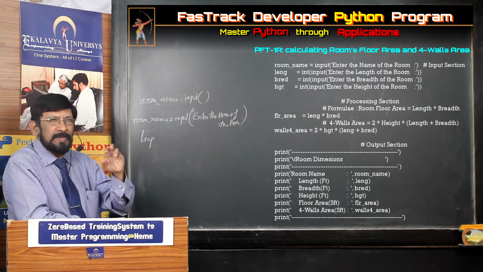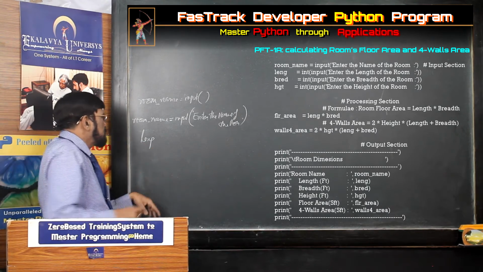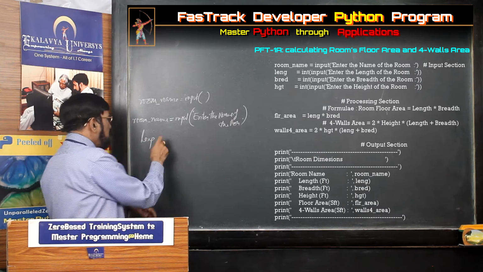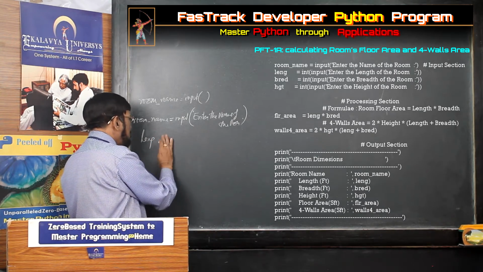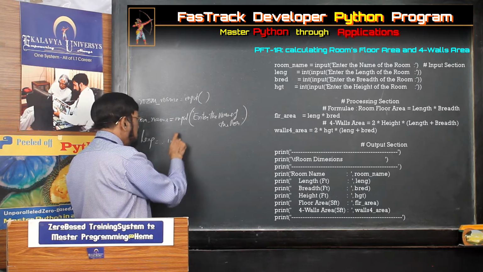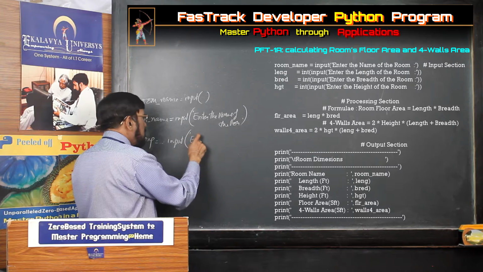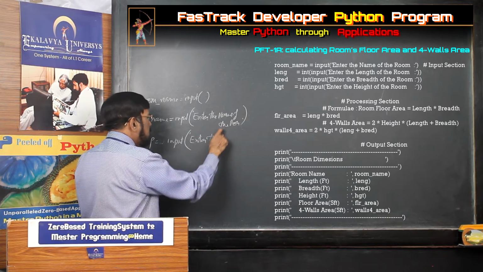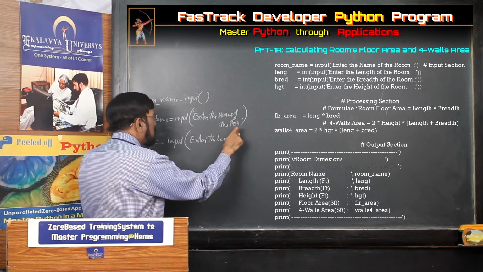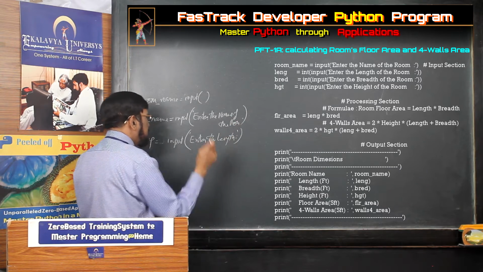This is the way of using short names. Now you write in the same manner: input, and what you write? Enter the length of the room. This is a prompt statement.